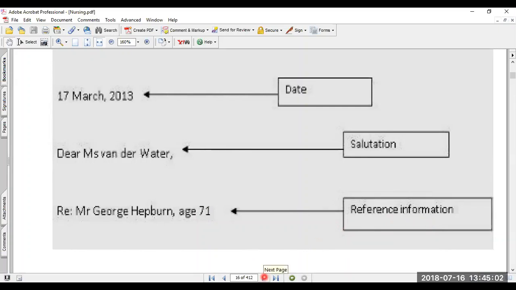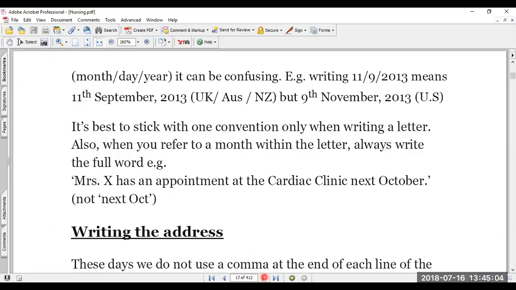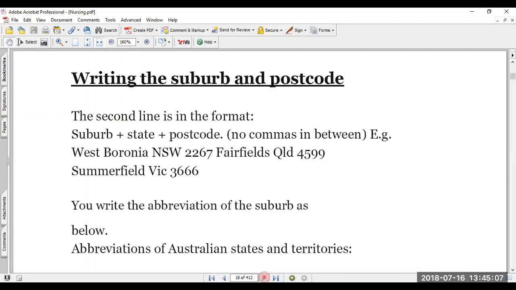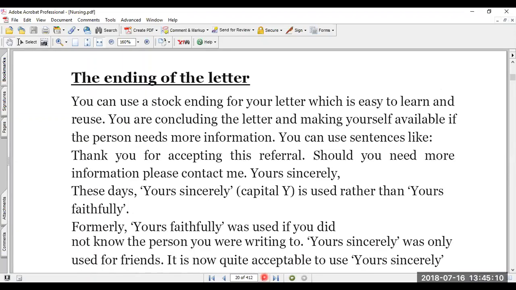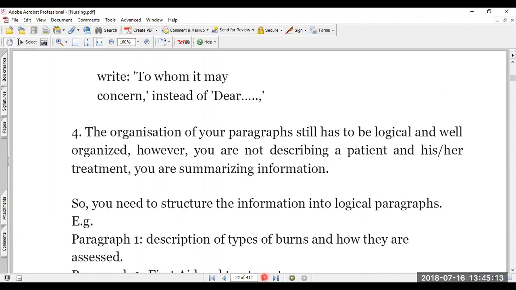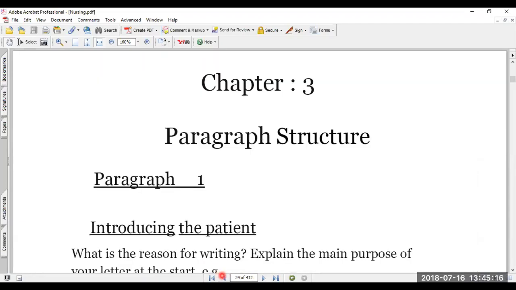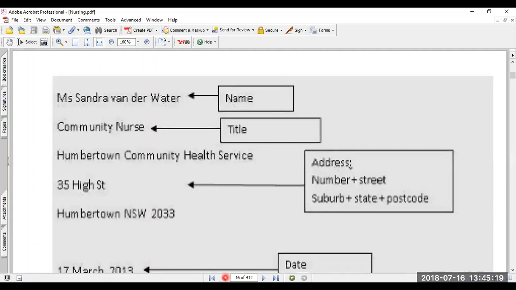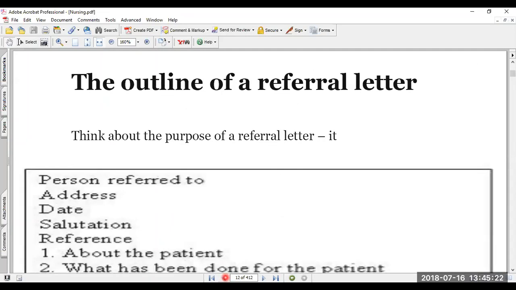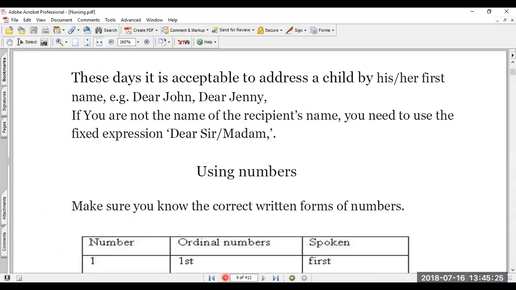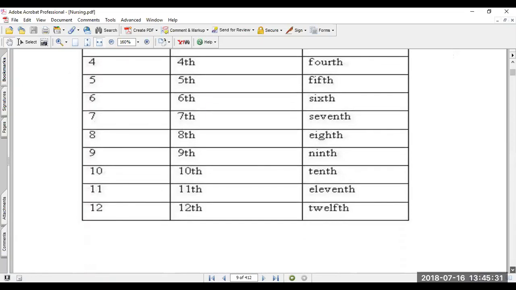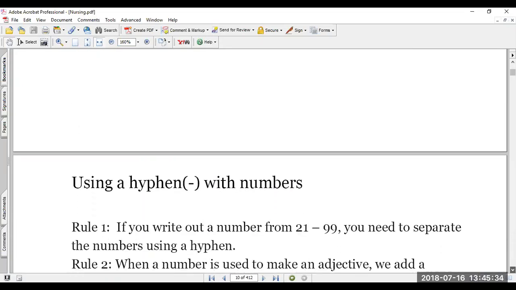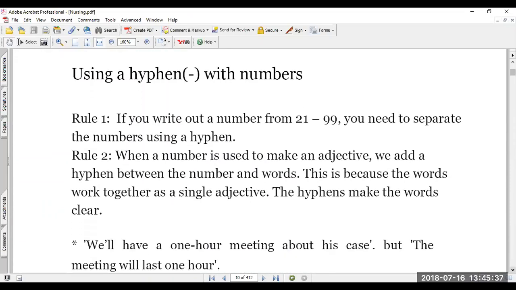Now, after understanding the initial setup, let us move on to the use of hyphens, how the hyphens are used. Now, mainly we'll be focusing on using hyphen with numbers because we use it more often with numbers.